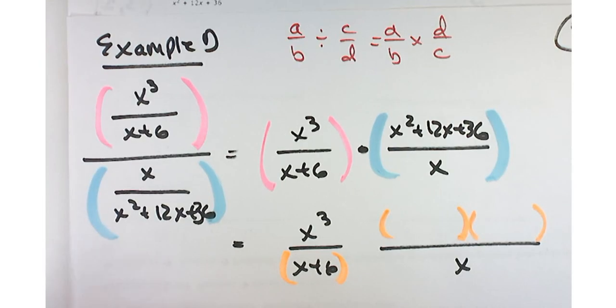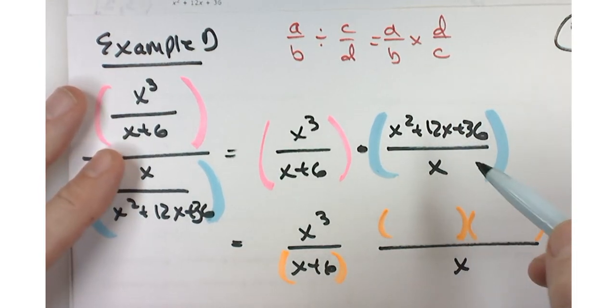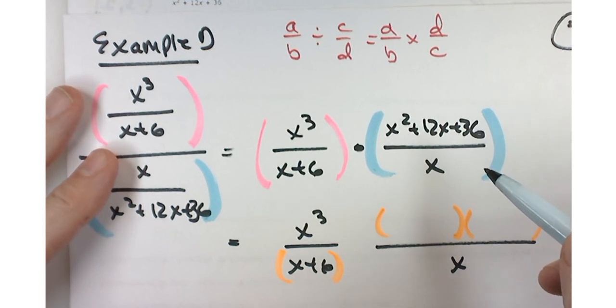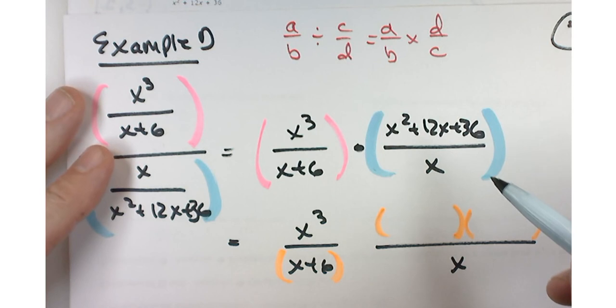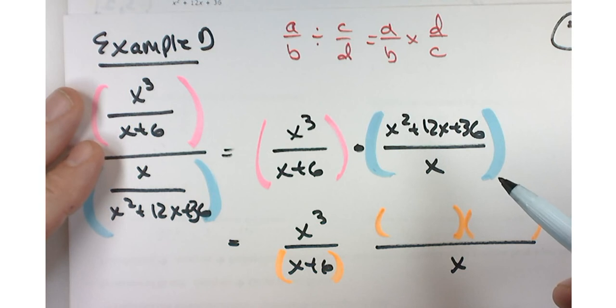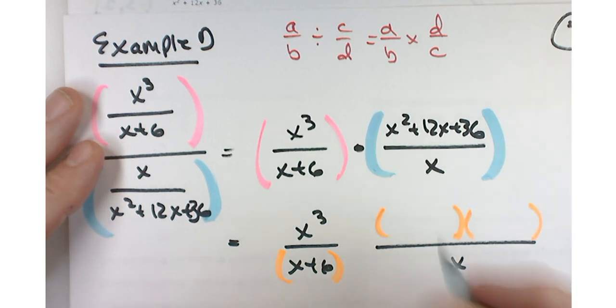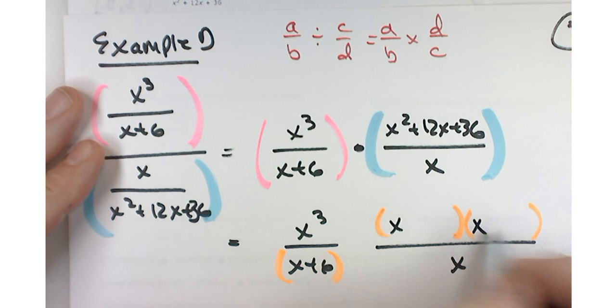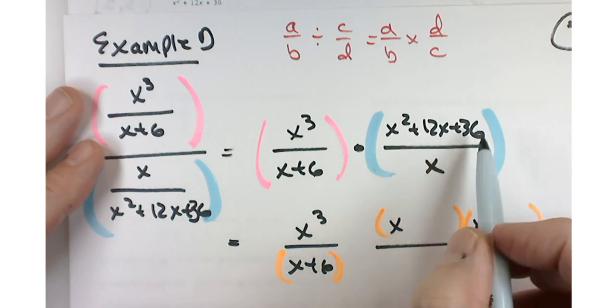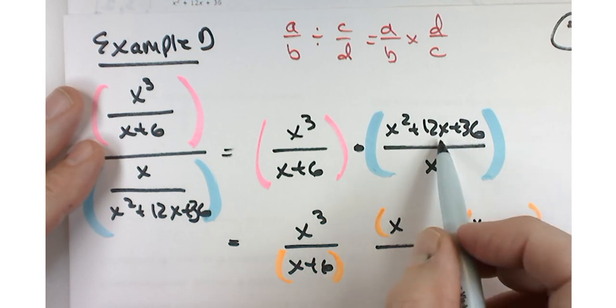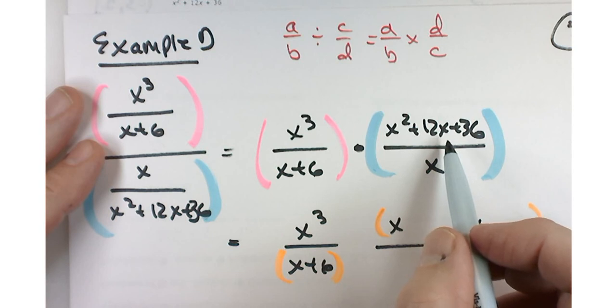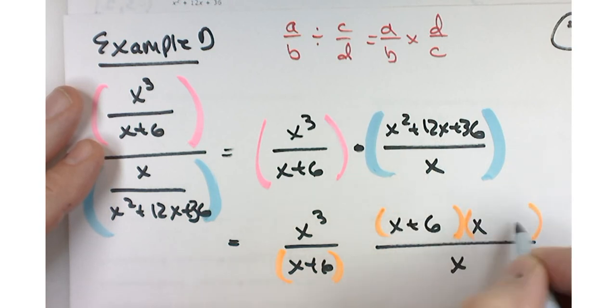Carter, remember how the numerator factors? Or Ryan C. X and an X. Two things that multiply to 36 and add to 12. 6. 6.